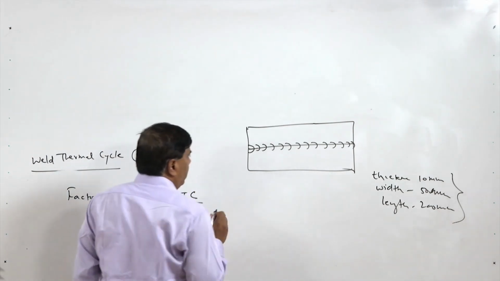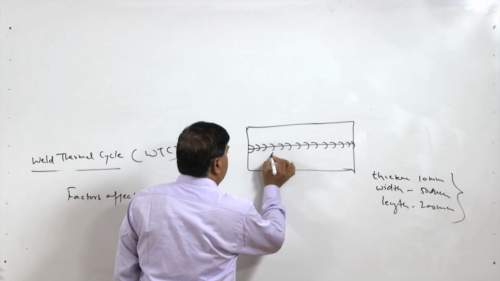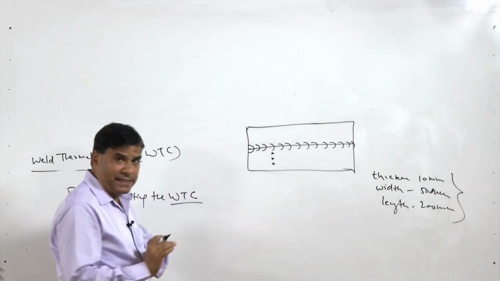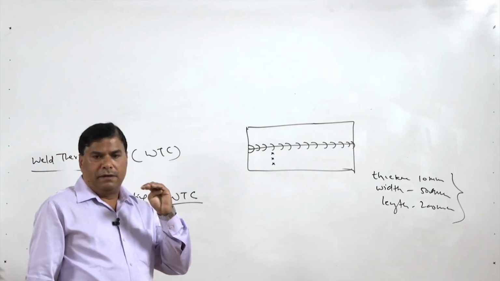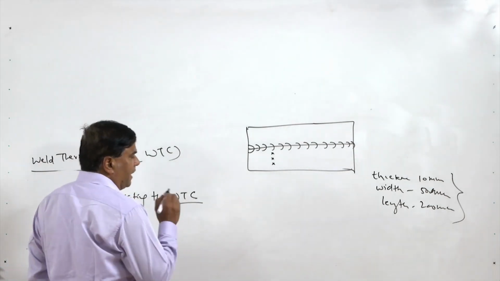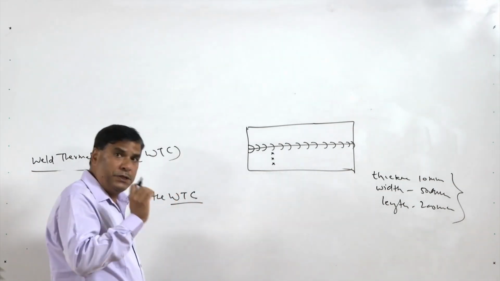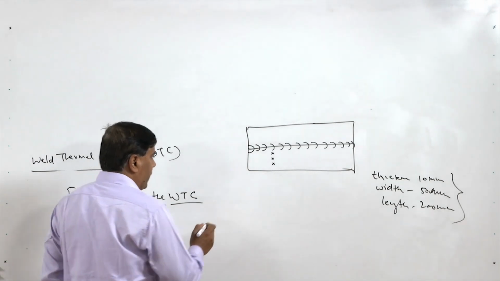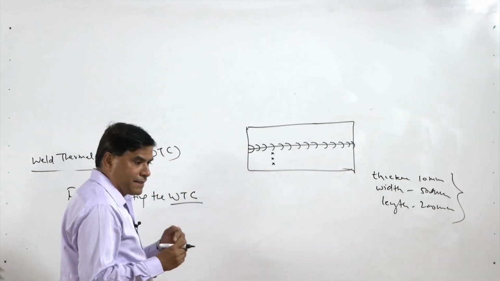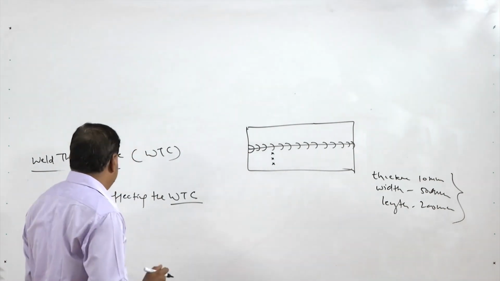Since each point experiences a unique history of temperature variation as a function of time, the weld thermal cycle of each point becomes unique, and accordingly it affects the metallurgical and mechanical properties of the weld joints.